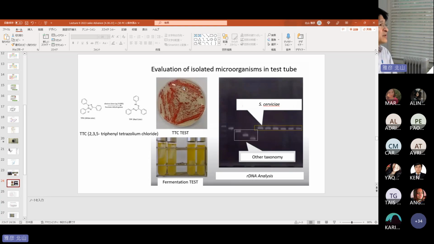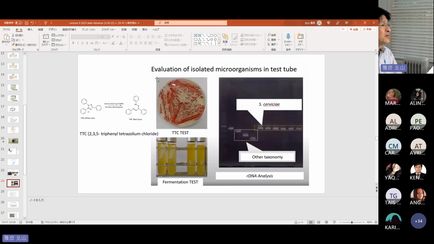So first we need to select yeast strains showing a very bright, strong red color. We ignore colonies with pale pink or white color.